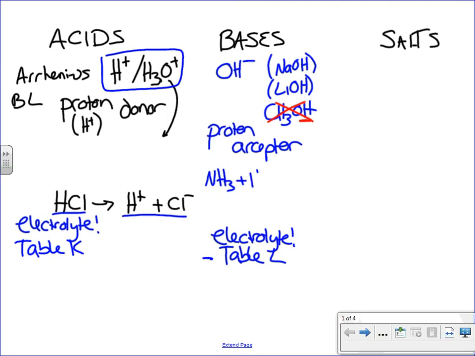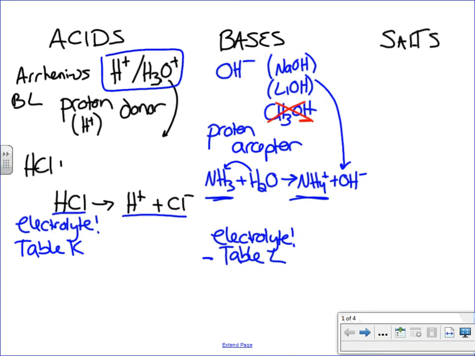When you mix it with water, it's going to form NH4 plus and OH minus. Here's my OH minus from Arrhenius, and here is my NH3 gaining a proton from the water and turning into NH4 plus.